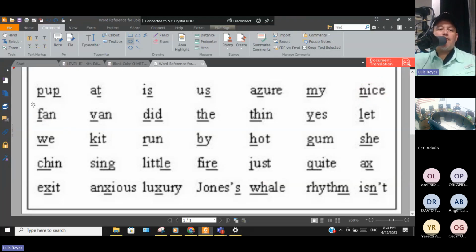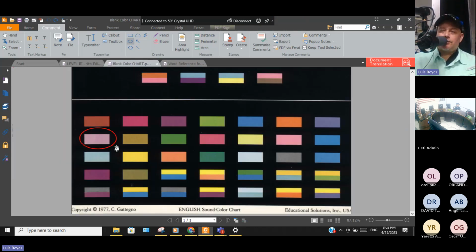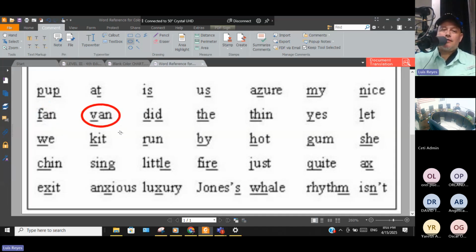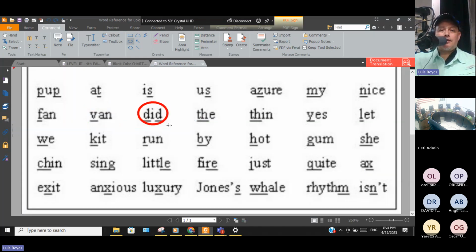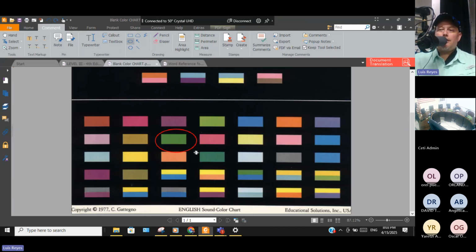Fan, F-A-N, on the color chart. Van, V-A-N, V on the color chart. Did, D, D-I-D, D on the color chart.